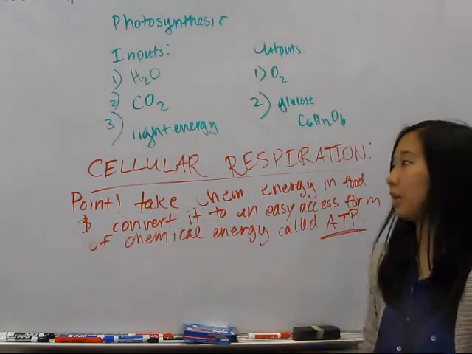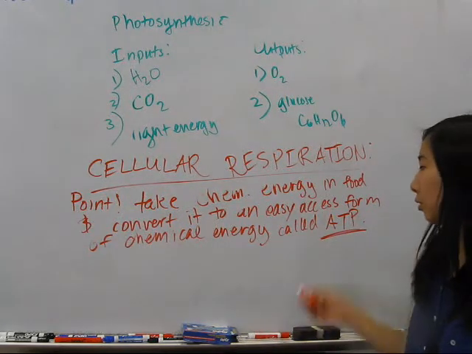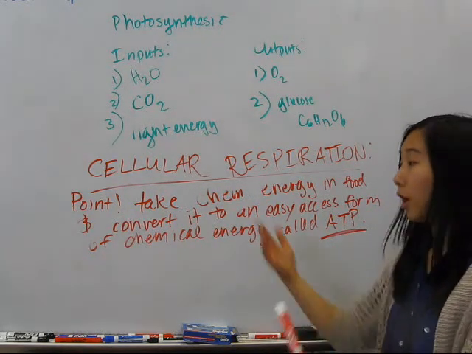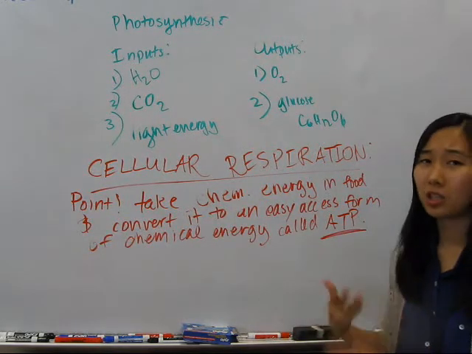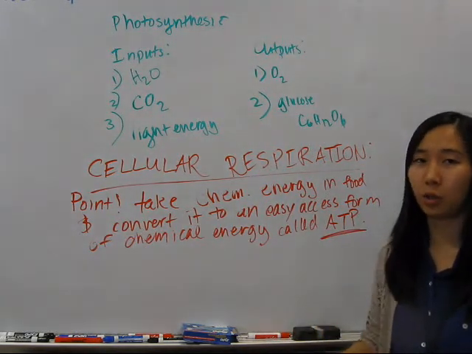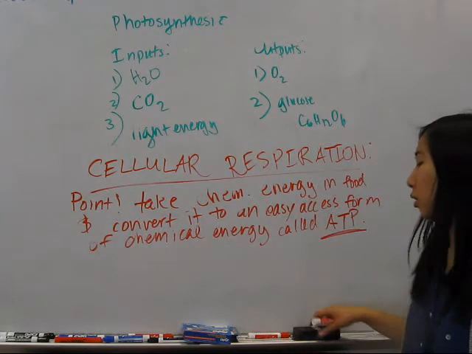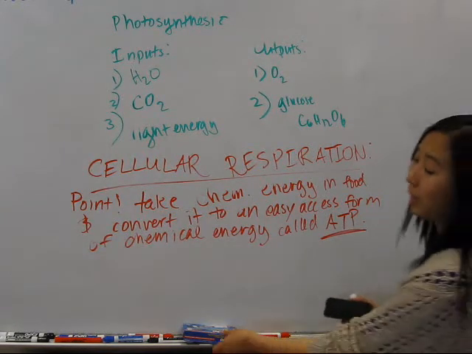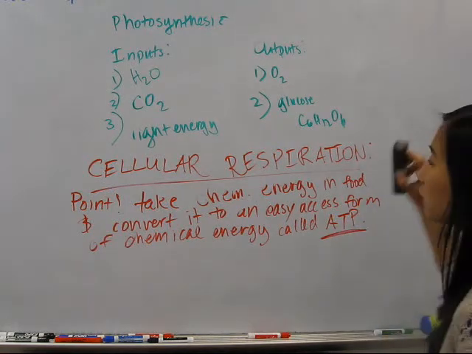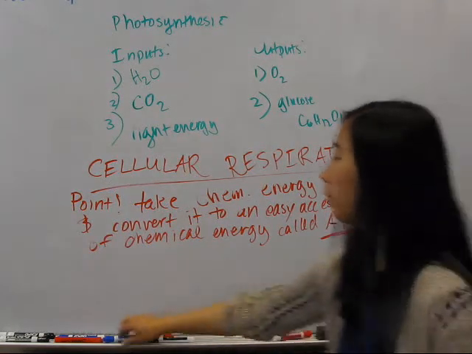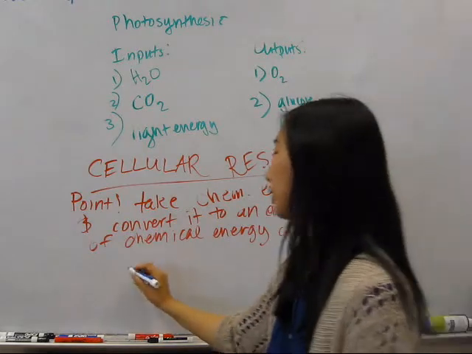Like the dollar, for example, and that would be your dollars. Okay, so you're taking one form of energy and you're converting it to a very similar form, but it's more practical and easier for your cell to use, right? So we don't want to be paying in terms of 300 pennies, we want to pay in terms of, right, $3. That is the point of cellular respiration, but we need to talk about the inputs and outputs.